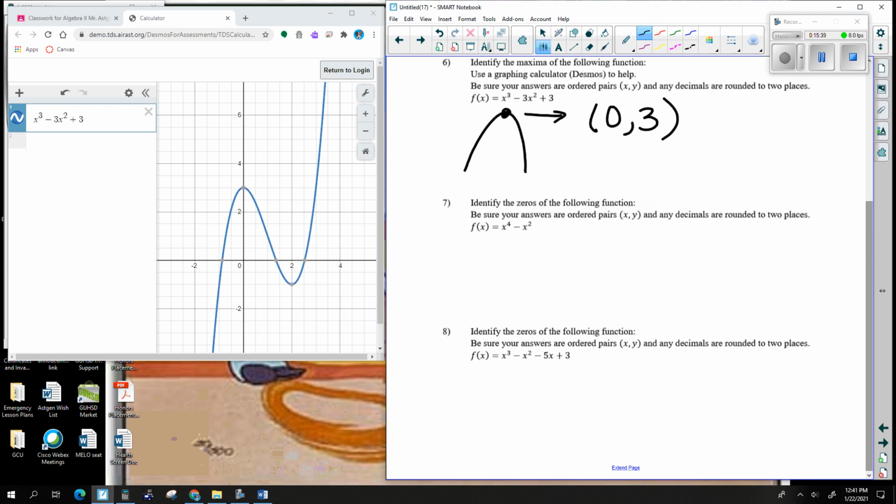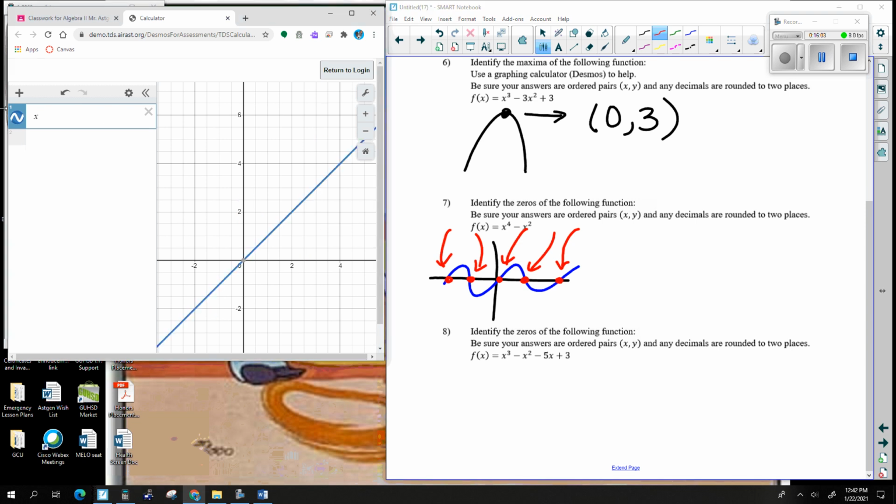Identify any zeros. Again, a zero is where the graph crosses the x-axis. Not where it crosses the y-axis, but where it crosses the x-axis. Those are zeros. So let's go ahead and graph this. We have x to the 4th minus x squared.